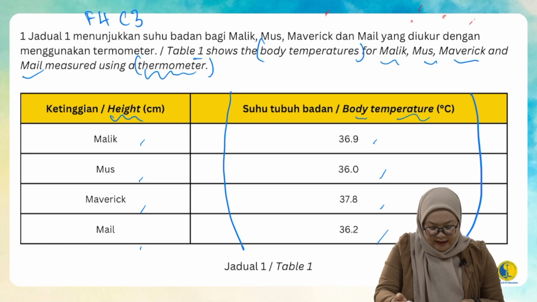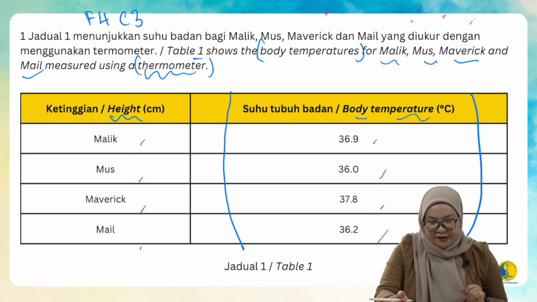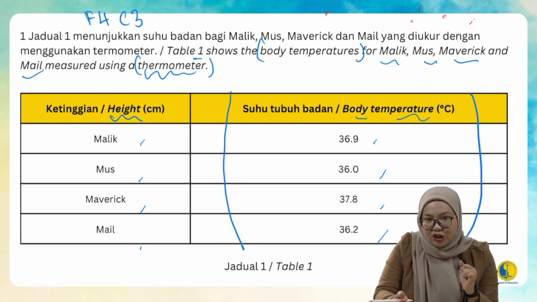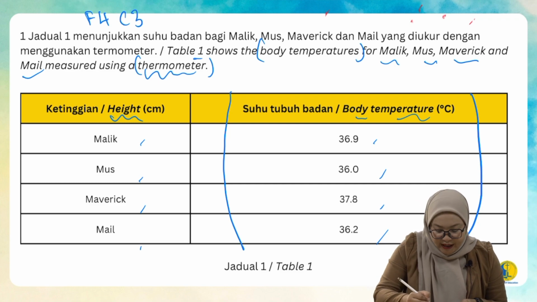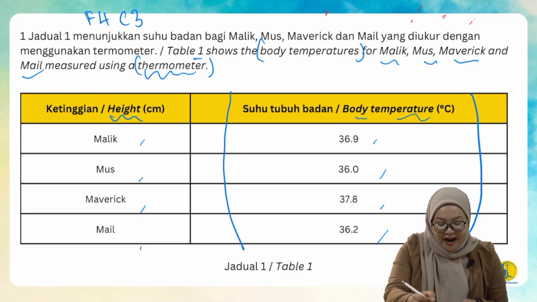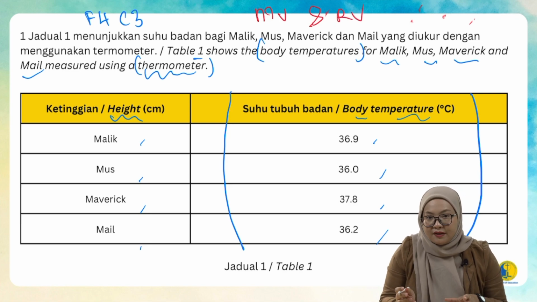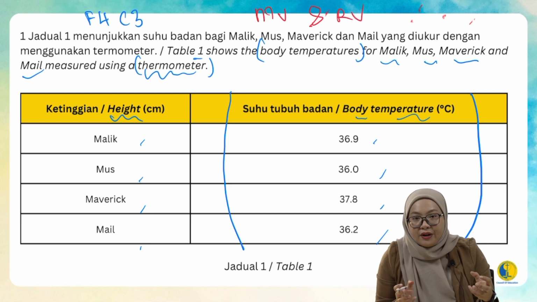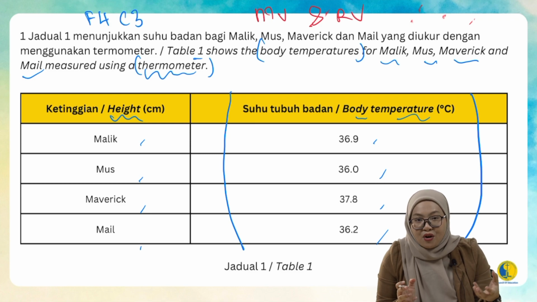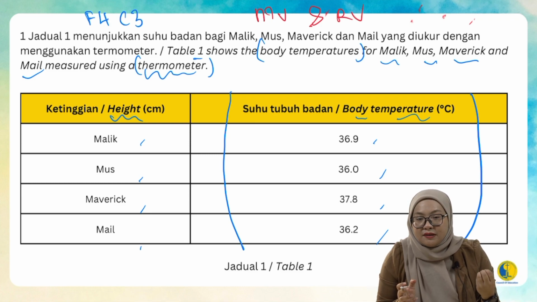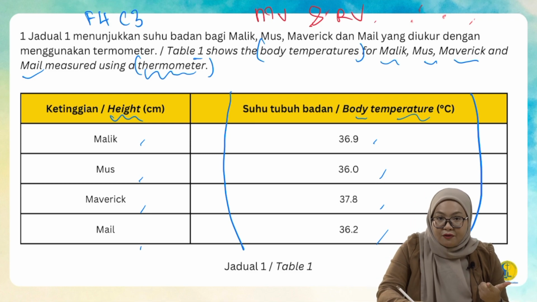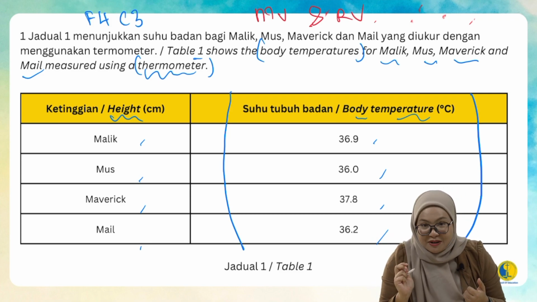Okay, guys, first thing first, to answer section A questions, what should you do? Find the manipulated variable and responding variable. It is a vital part over here. If you cannot find the variables, manipulated and responding variable, bye-bye, paper 2.